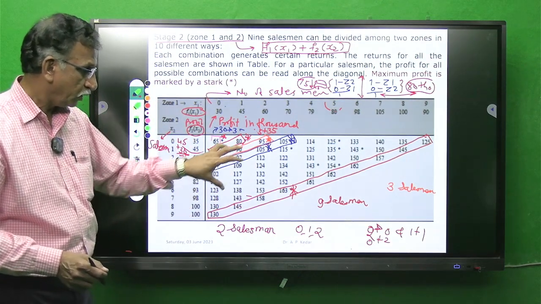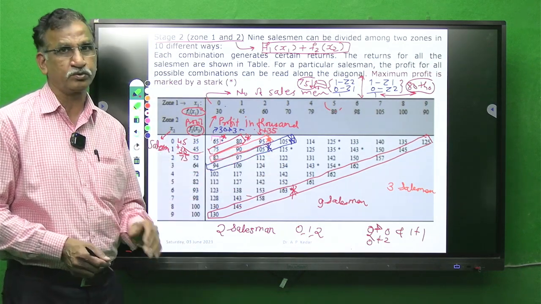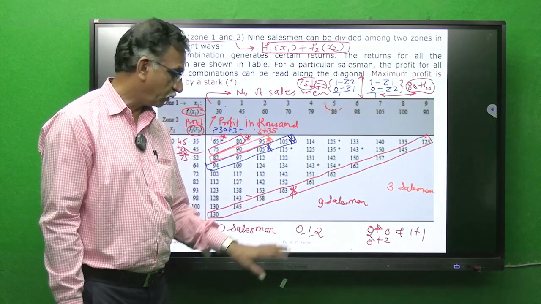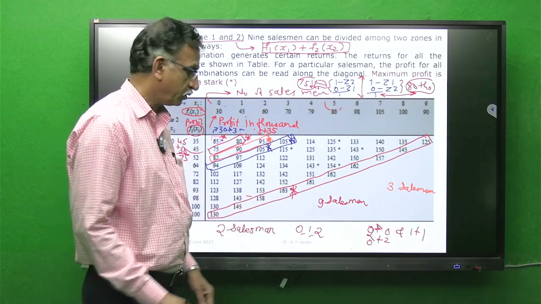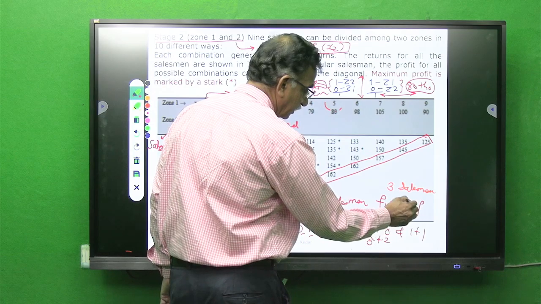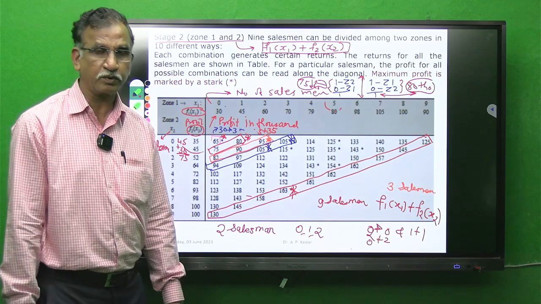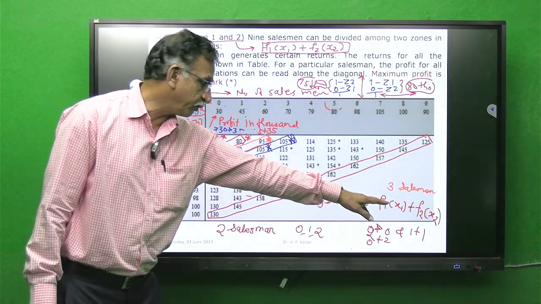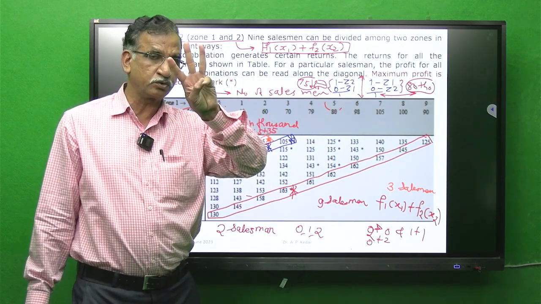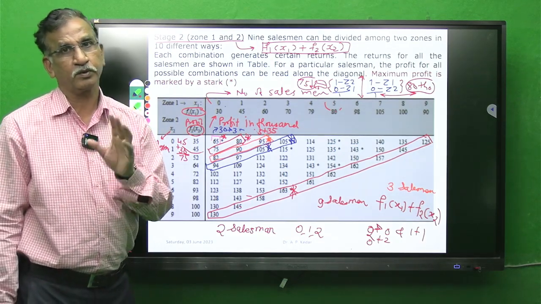Now we'll take these star marked maximum values for the next stage. Whatever maximum value we get for F1 X1 plus F2 X2, we will take those values and consider them with the third zone, that is F3 X3, and we are having the output of F3 X3.